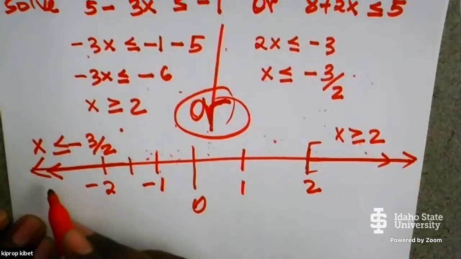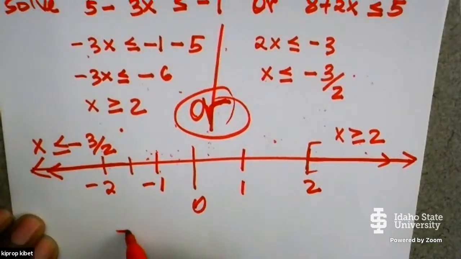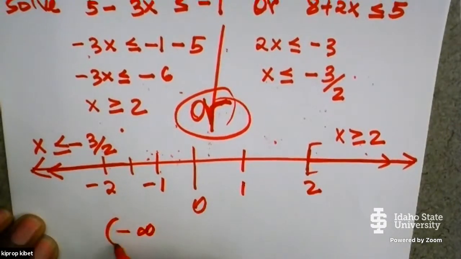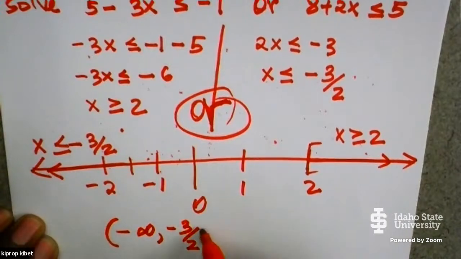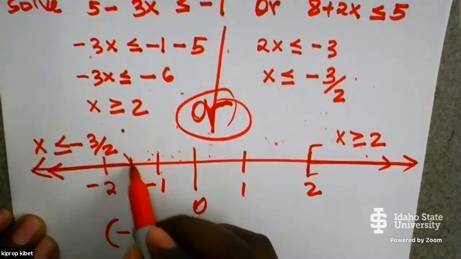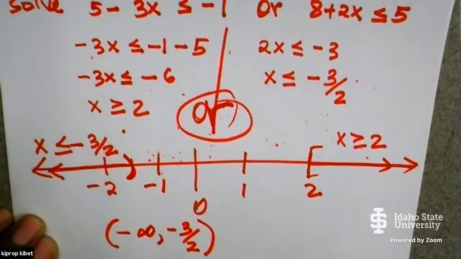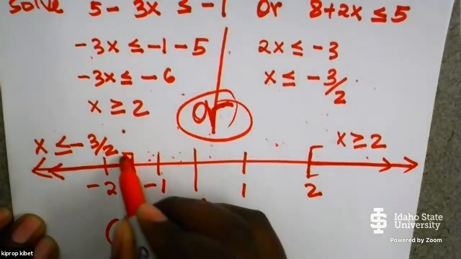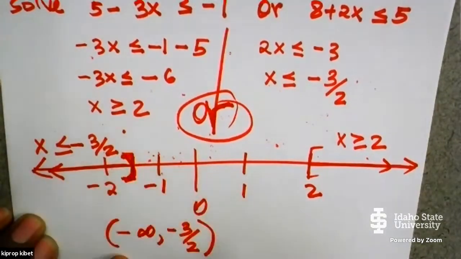So negative infinity, and this one is open, negative 3/2. This one is open again. Isn't it a bracket? It's closed, isn't it? Because it's equal to as well. Because it's equal, X is... Oh, okay, sorry.